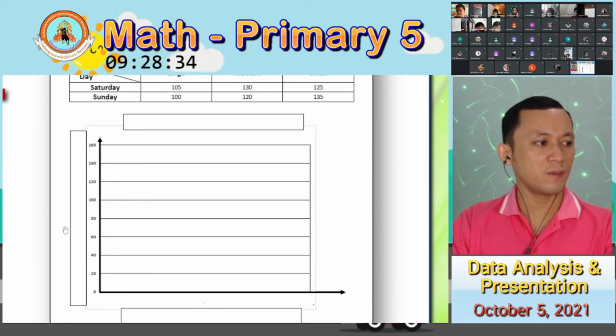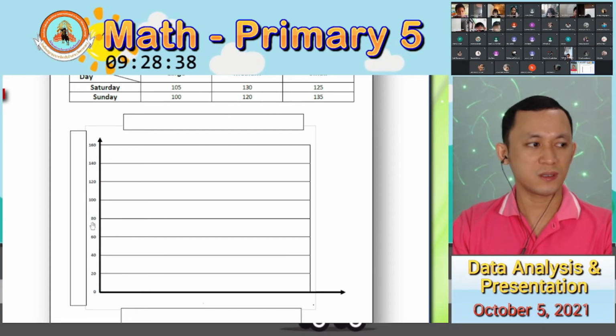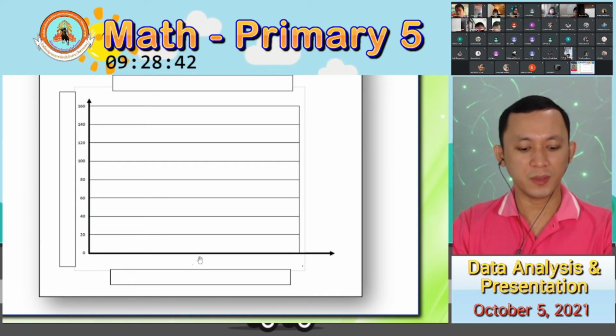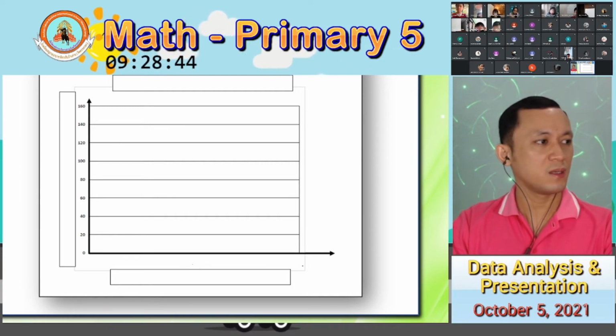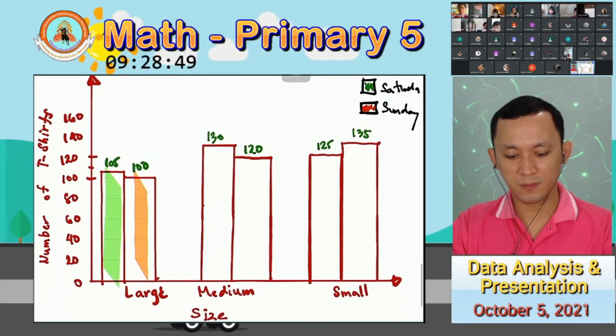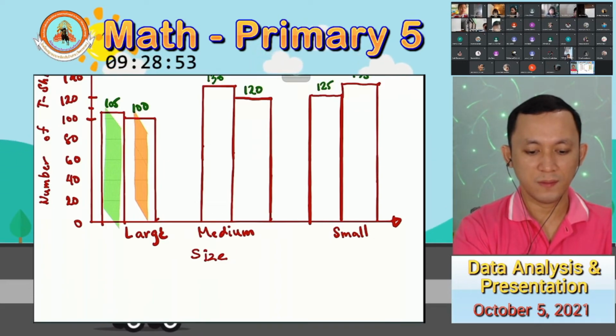This one is the label. So you write here number of t-shirts. Here, data group, you're going to write large, medium, and small.